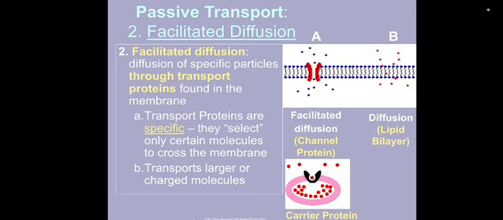In this animated image, we can notice that facilitated diffusion takes place with the help of channel proteins or carrier proteins, and normal diffusion takes place without the help of proteins.